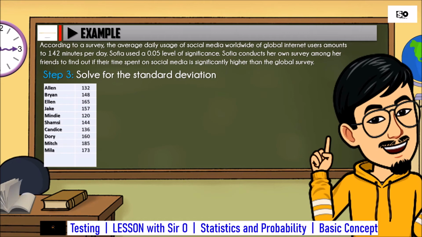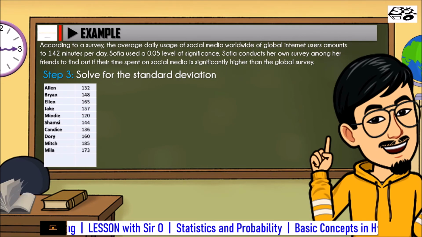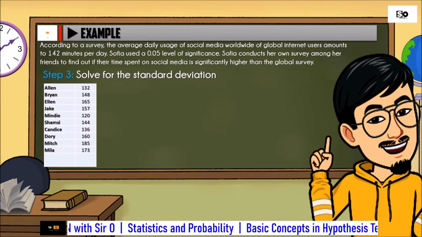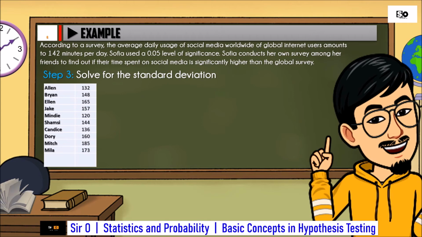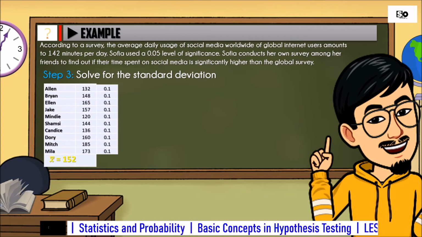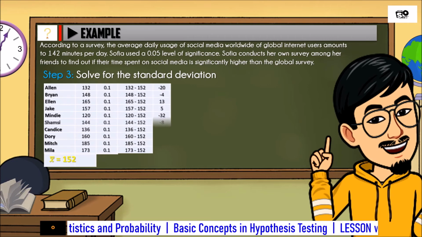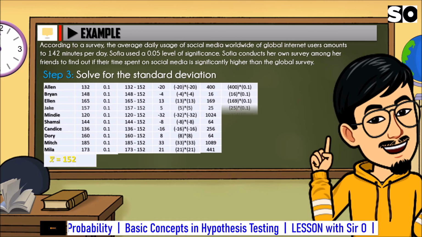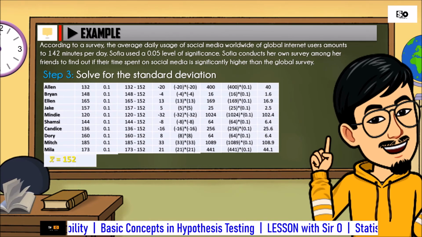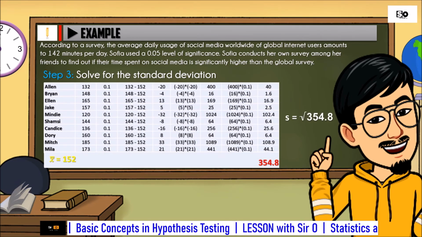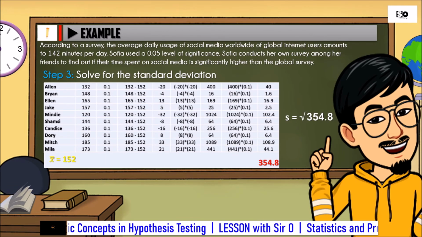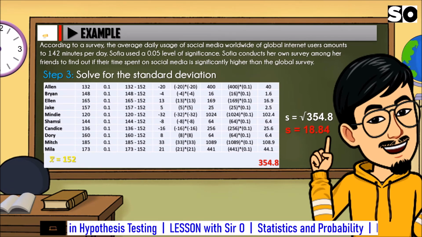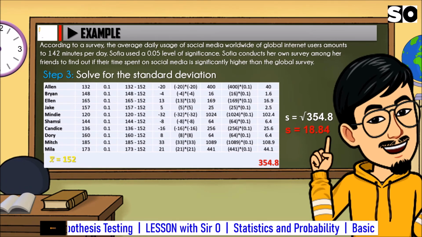Step 3. Solve for the standard deviation. The process in solving standard deviation was already discussed in the previous lesson. Therefore, the standard deviation is equal to the square root of 354.8, or 18.84.